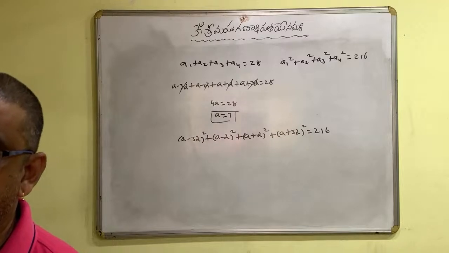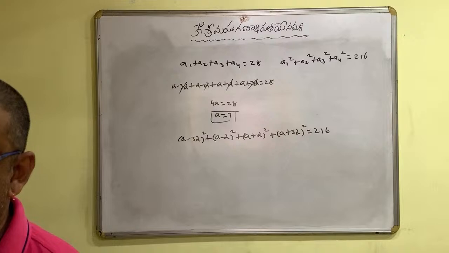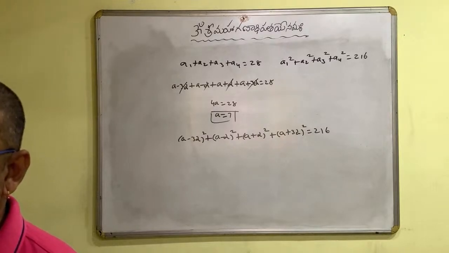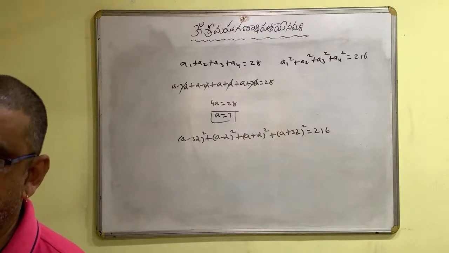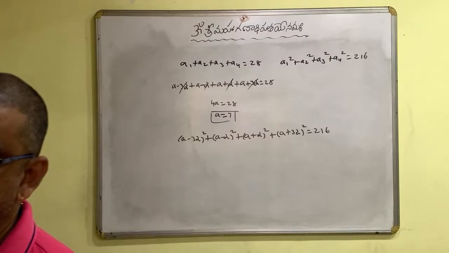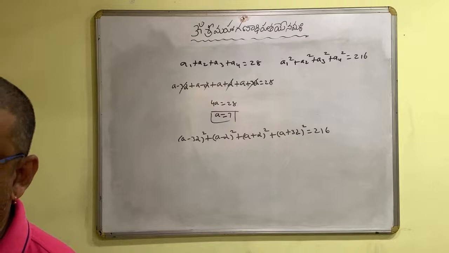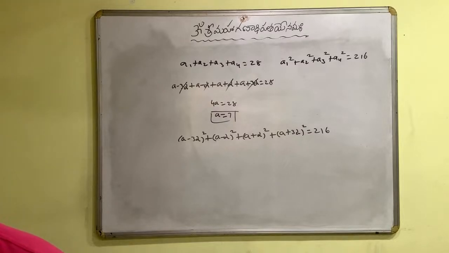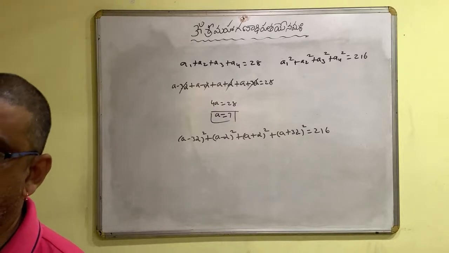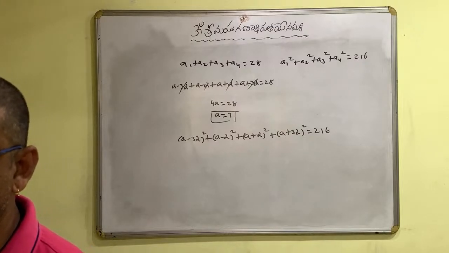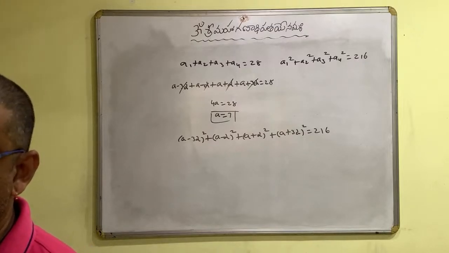So can we take like that? a square plus b square, can we write it as a plus b whole square? It is also wrong. You also did wrong.